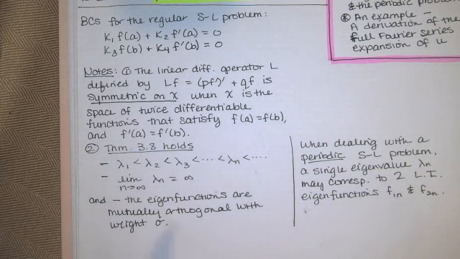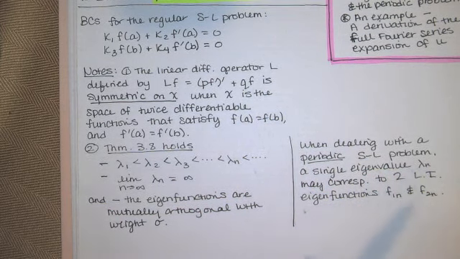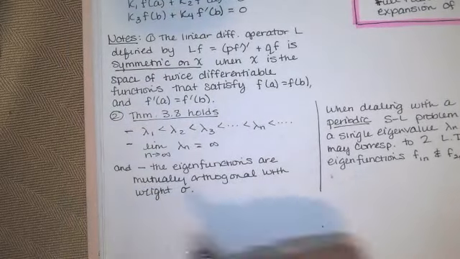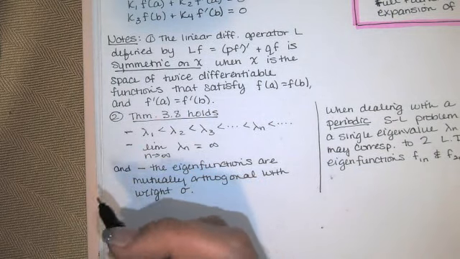So it gets a little tricky, but we'll always be able to choose a pair of orthogonal eigenfunctions with the appropriate weight so that we can construct an eigenfunction expansion of a function U. So I did a lot of talking without a lot of writing. Let's write that down.